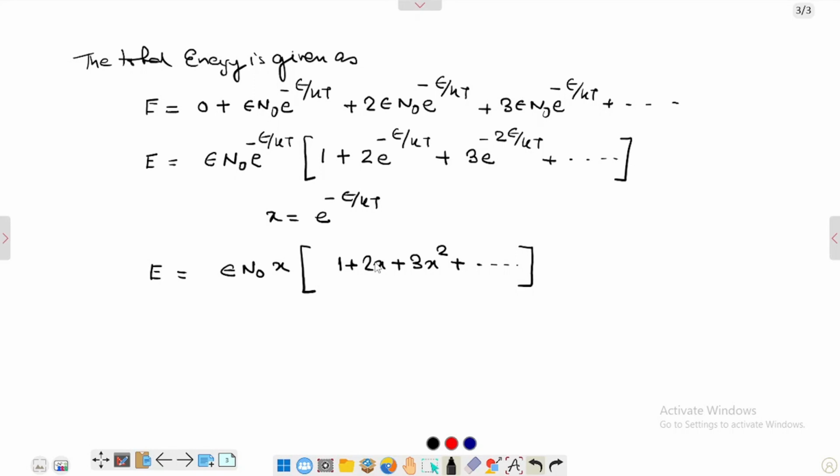The convergence of this series gives you 1 divided by 1 minus x whole square. So I can write down that series in this format, epsilon N0 x into 1 by 1 minus x whole square.